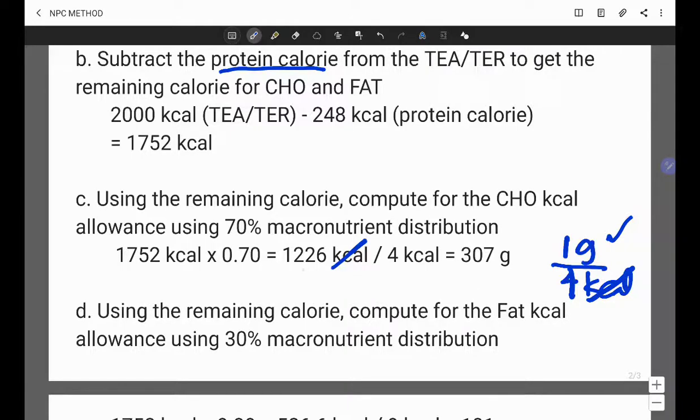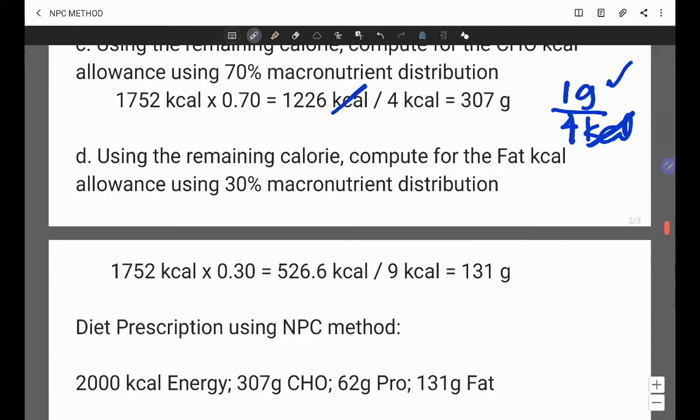If we divide 1226 by 4 kilocalories, then it would give us 307 grams for carbohydrates. So far we have computed for our protein, and now we already have our carbohydrates. Now let's compute for the fat.